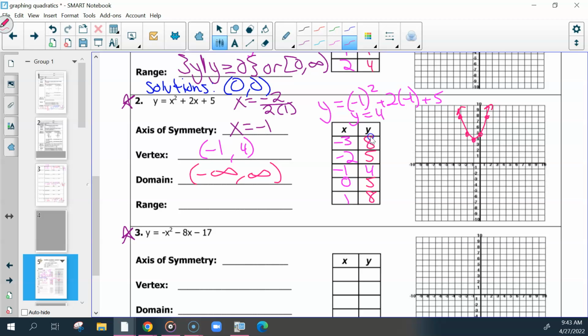This is x and y, so if you go to 0 and then go back to 3, I'm doing something wrong. 0 is where your x is. 5 is where your y is. Plot that point. Then you have negative 1 and 4. Plot that point. 3, 4. Plot them all.